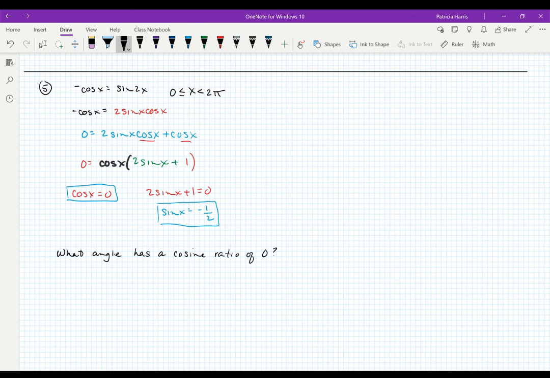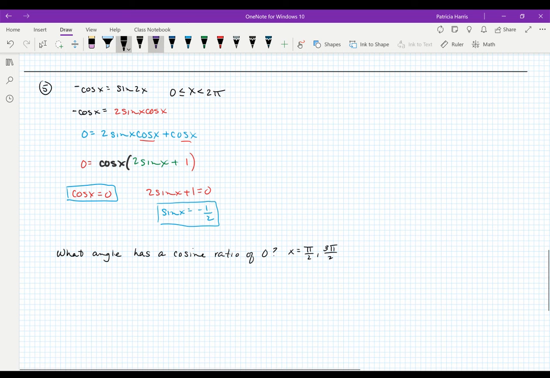So you look on your unit circle, or you have it memorized, whatever, and you say, well, cosine gives me a 0 at x equals pi over 2 and 3 pi over 2. Be careful with the calculator on this one because it won't give you every single answer.